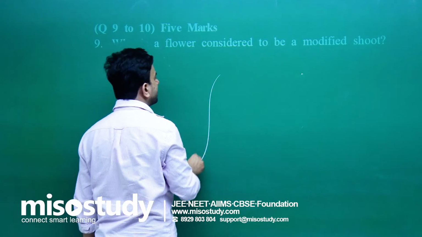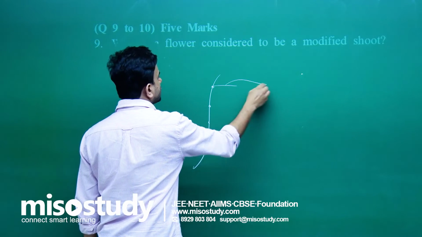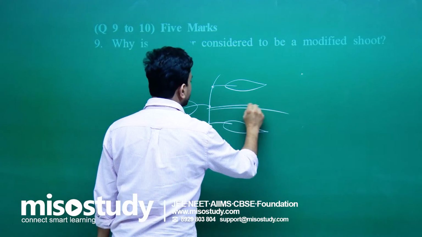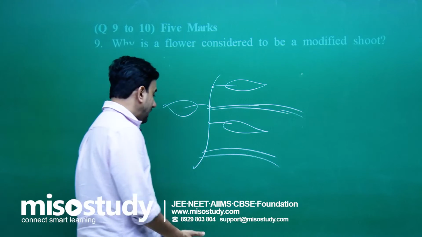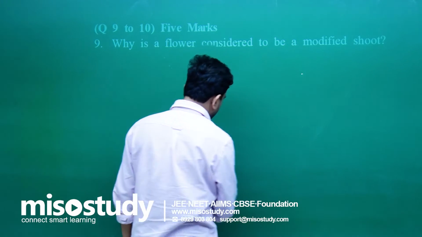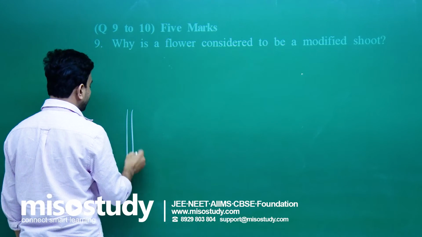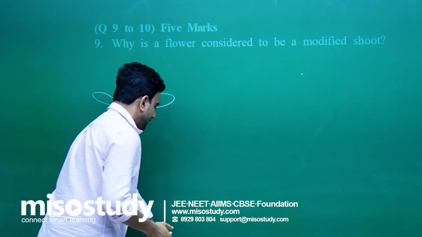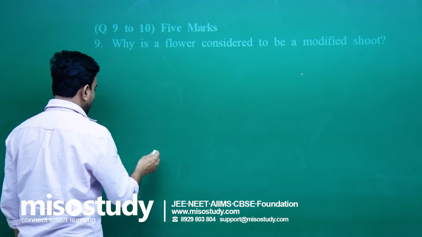In a shoot what we see is nodes, and at each node there will be leaves and branches and all these things. Now what is a flower? In a flower we say that this is the stalk of the flower.